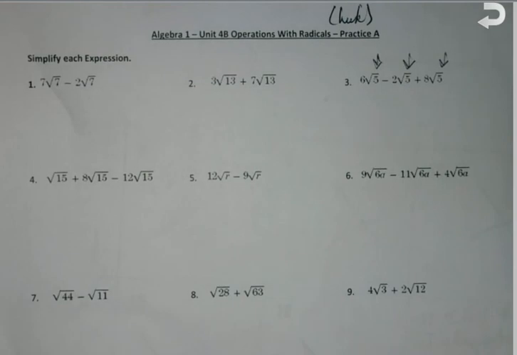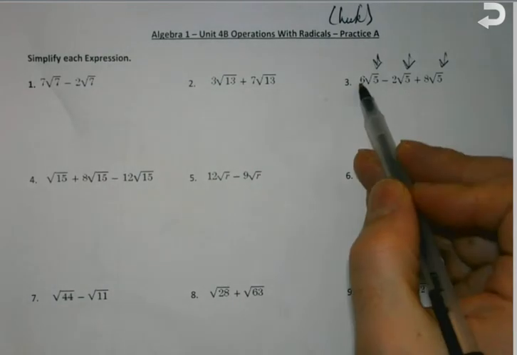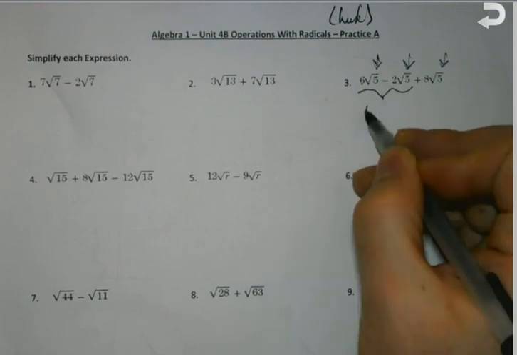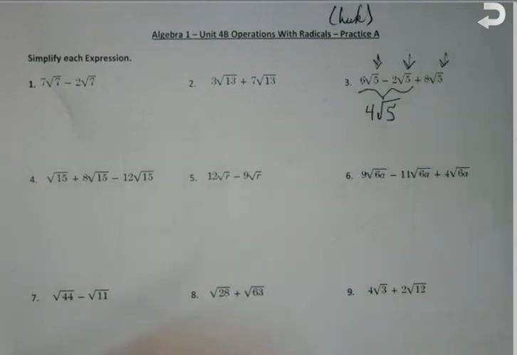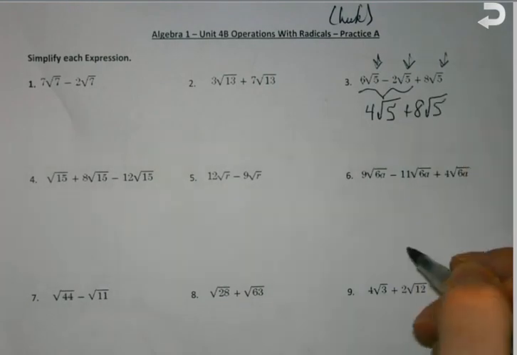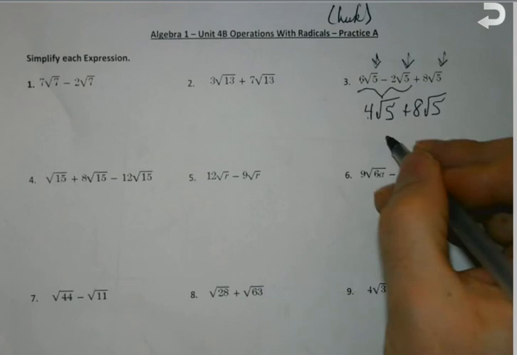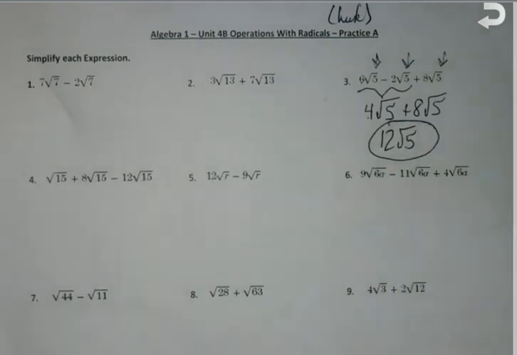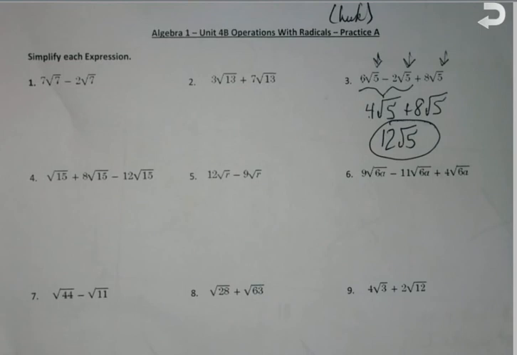I can just look at the numbers in front and combine terms. 6 minus 2, if I do these a couple at a time, would be 4 square root of 5, because I do have to watch the signs, even though it's combining like terms. Doesn't mean it gets bigger every time. And then 4 plus 8 is 12 square root of 5. I'm done. Nothing to break down. If I looked at the 5 and tried to break it down, I'm going to find out I can't. So I'm just combining like terms up there.